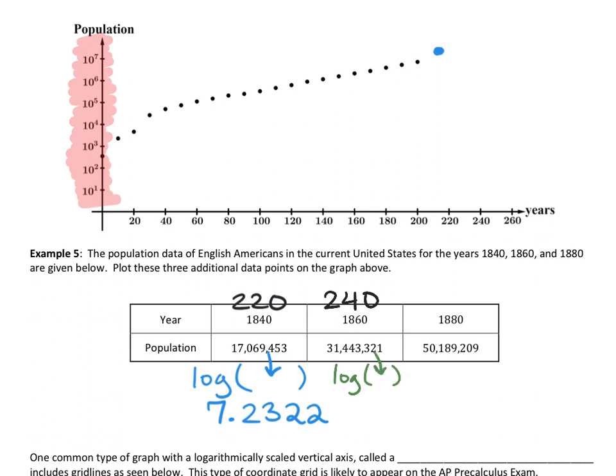What is the log of 31,443,321? Do you get 7.4975? Fabulous. So 7.5-ish. So we should be halfway between 10 to the 7th and 10 to the 8th, which I know is not on our screen, but we're just going to do our best and plot that point for ourselves.